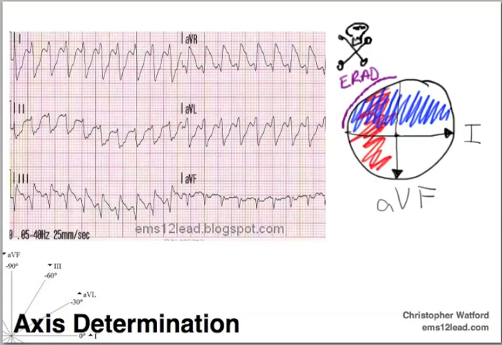The other test to know that we've gotten this correct is AVR is positive, which means AVR is positive in this region over here. And remember what we said, normal activation of the ventricles, AVR is never positive. So there you have it, rapid determination of the axis using just leads 1 and AVF and using other leads on the surface EKG to help us determine a closer look at the axis.